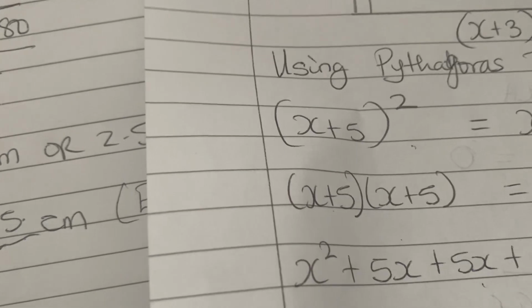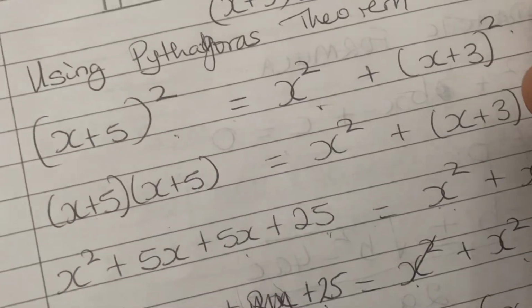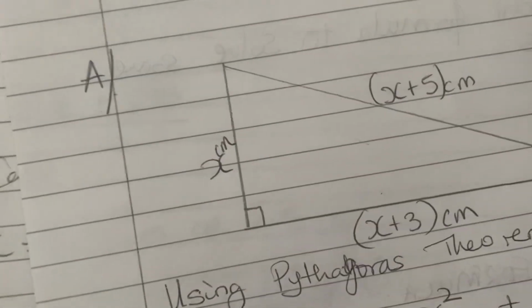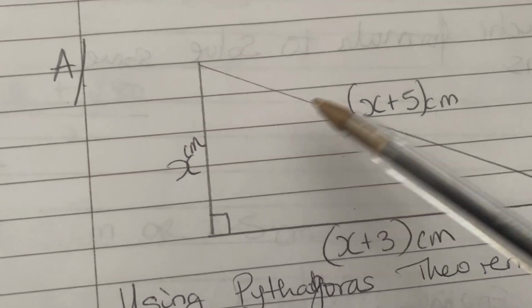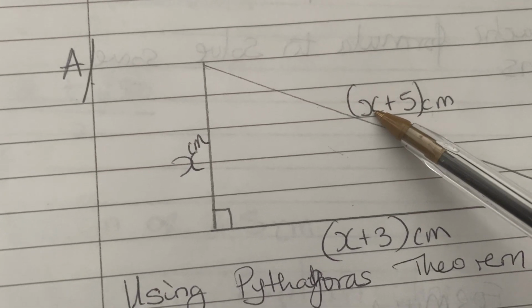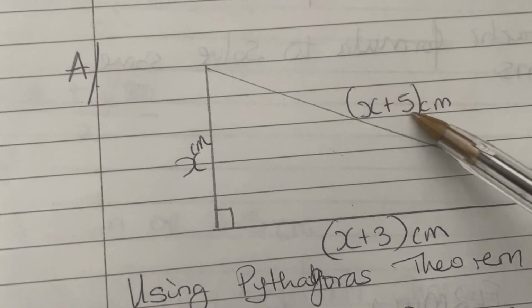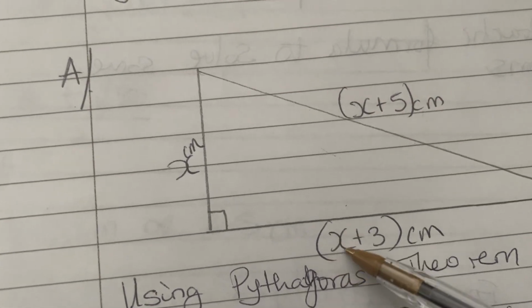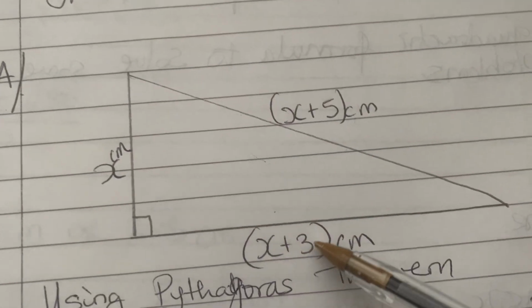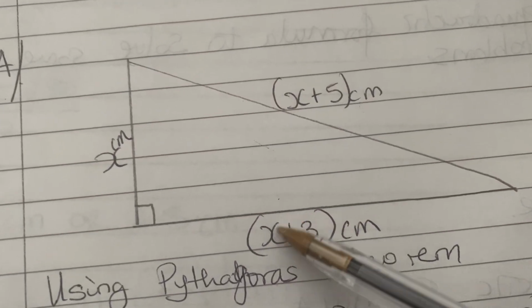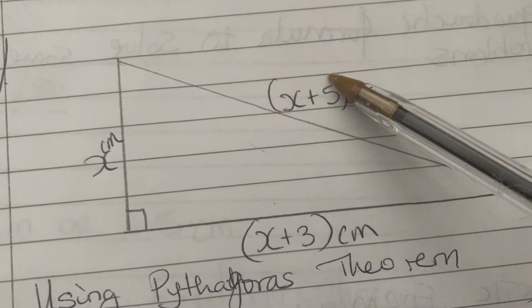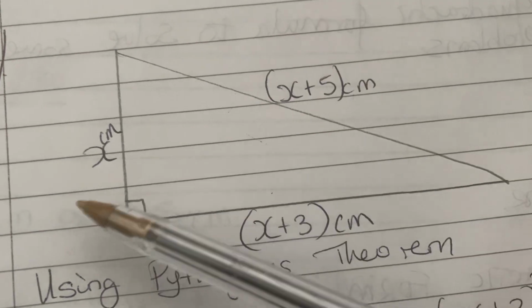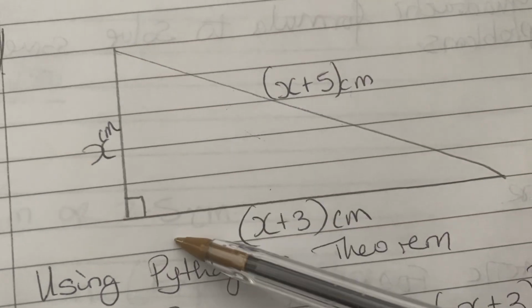But if x is 6.5 centimeters, and 6.5 centimeters plus 5, this becomes 11. 6.5 centimeters plus 3, that will be 9.5. 6.5 plus 5 is 11.5. And this side will be 6.5.